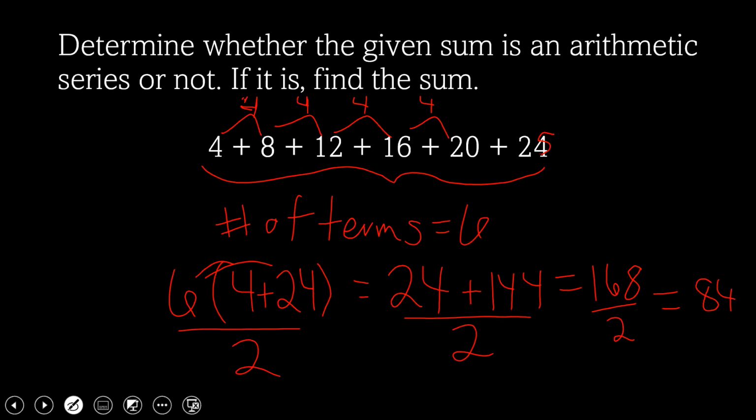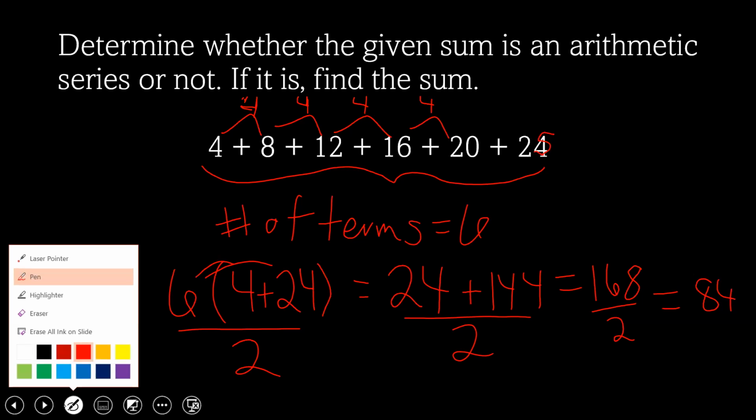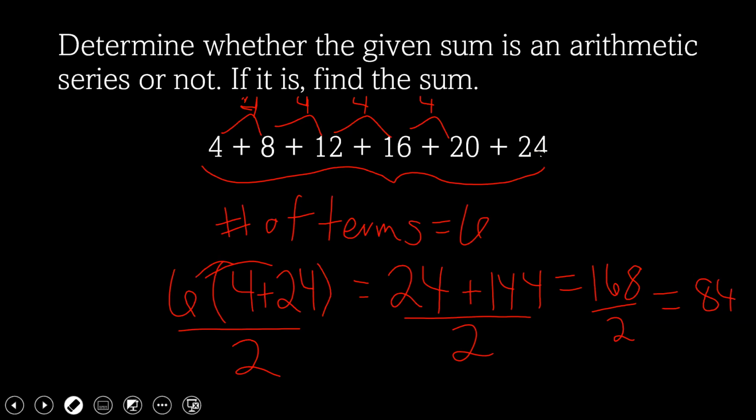If you don't check all the way through and make sure that the common difference is there, and of course, in this case, we don't really need the number of terms formula because you can just count that there's 6, but that number of terms formula relies on a common difference. So if there is no common difference, that formula can't be used. So that's the importance of this. But yes, you are correct, Rael. There is a common difference, and that common difference is 4.